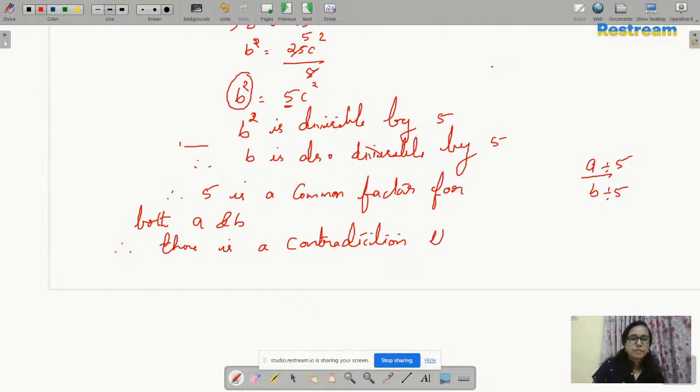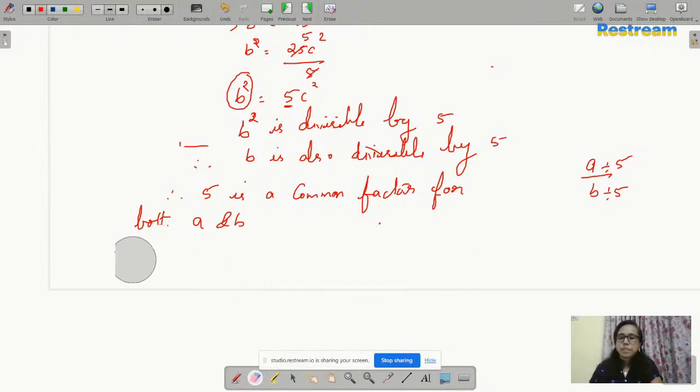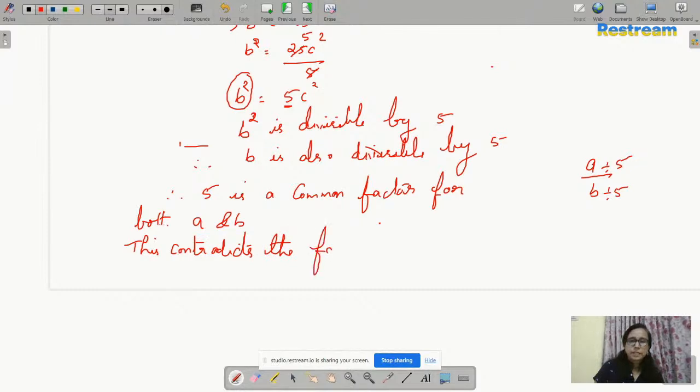In the textbook it is given like this: this contradicts the fact that a and b have no common factor.